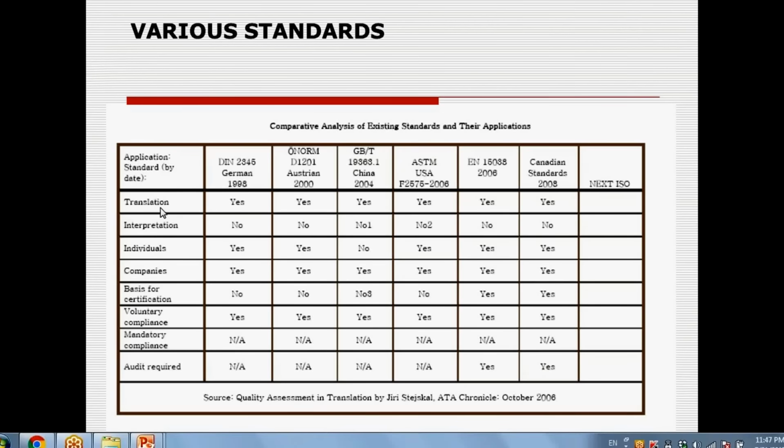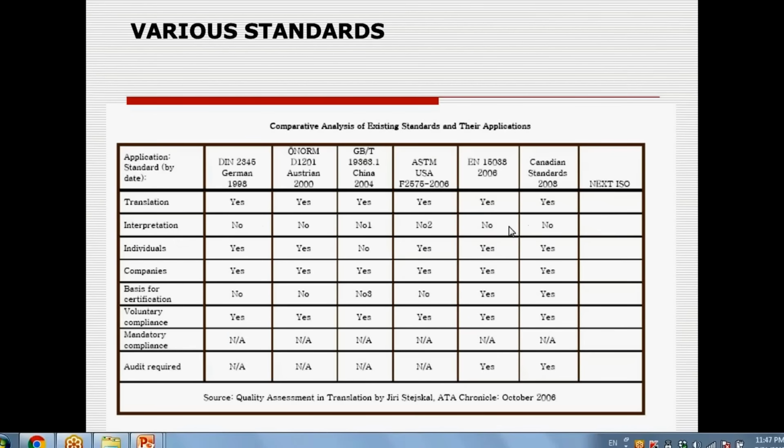DIN, for translation, yes; Austrian, yes; Chinese, yes; ASTM, yes; EN 15038, yes; Canadian standard, yes; ISO 9001 was not for translation, but in 2015 ISO has been applied for translation.